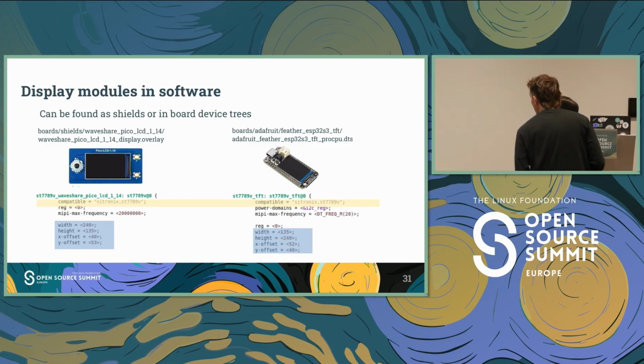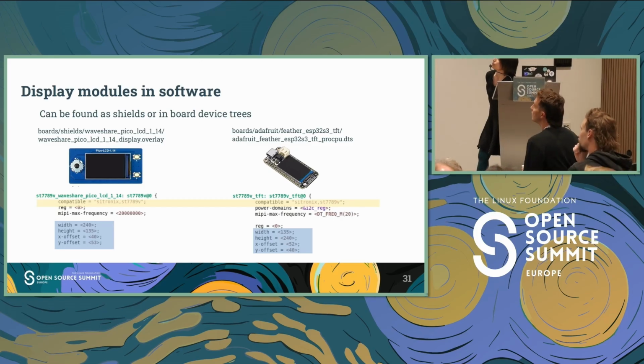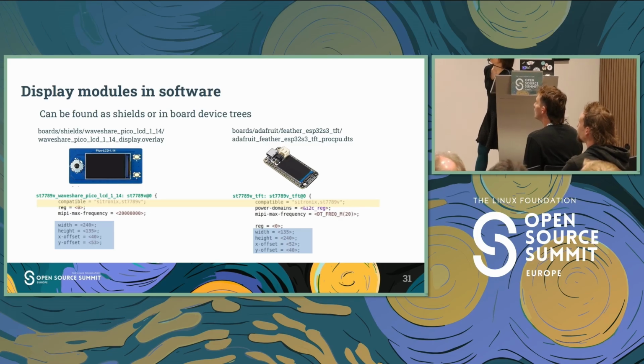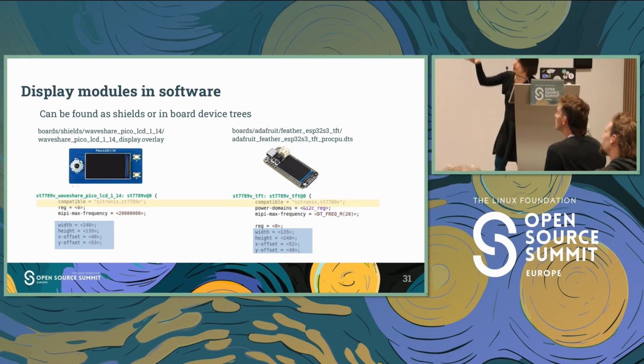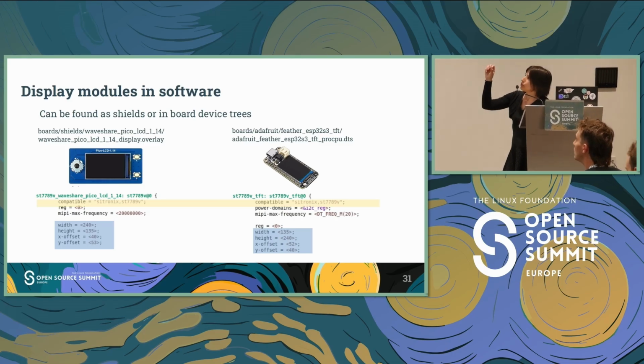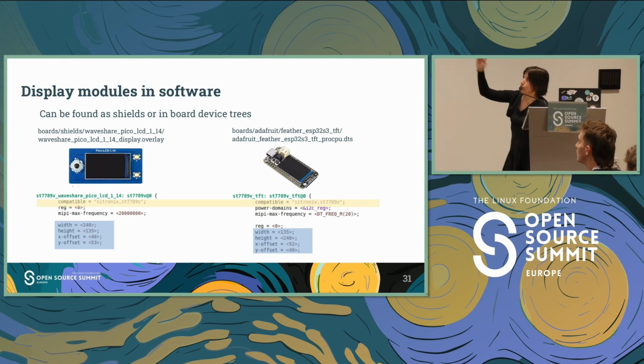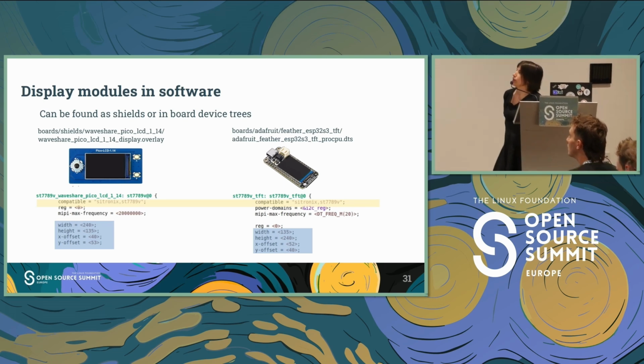Well, those data, they are either, if your product is a shield, you can find some shield device tree overlays that describe exactly what your shield does and already has all the right values on the shield.